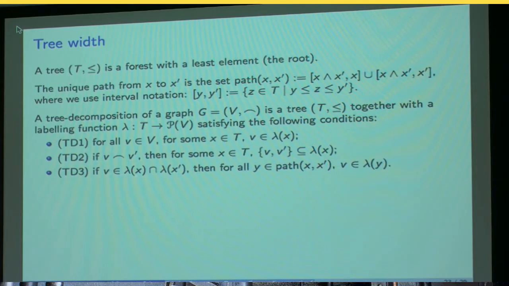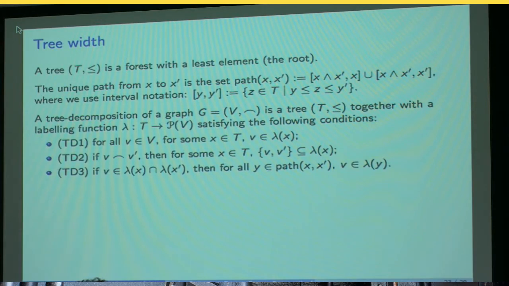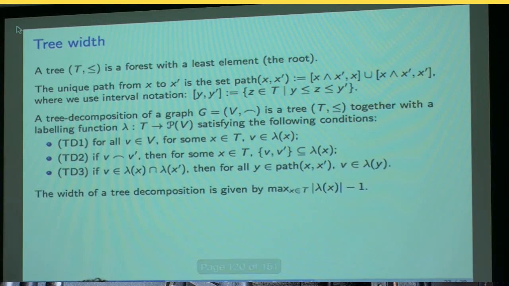And if a vertex is in two label sets, it has to occur in every label set along the unique path connecting those two nodes of the tree. And then the width of a tree decomposition is given by the maximum size of label sets minus 1, which is a convention that allows trees to have tree width 1.